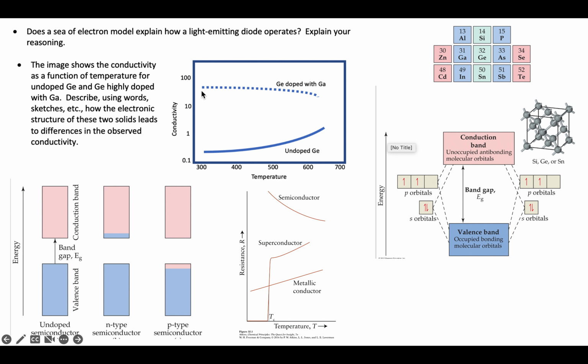If we're thinking about the germanium doped with gallium, we've now doped in an element to the left of germanium on the periodic table, so we have fewer valence electrons. If we have fewer valence electrons, we're making a p-type semiconductor. So now we've made a hole that gives the electrons the ability to move down here in our valence band. So in this case, it begins with a very high conductivity.